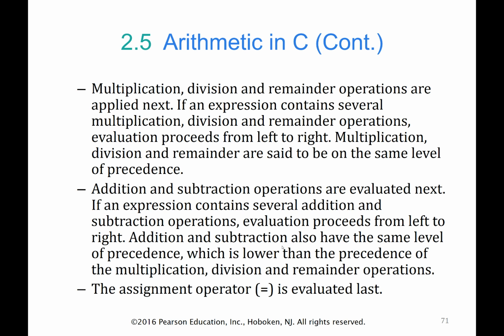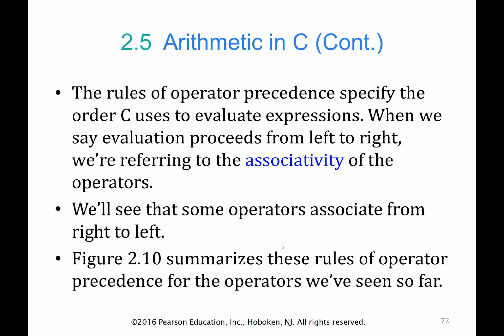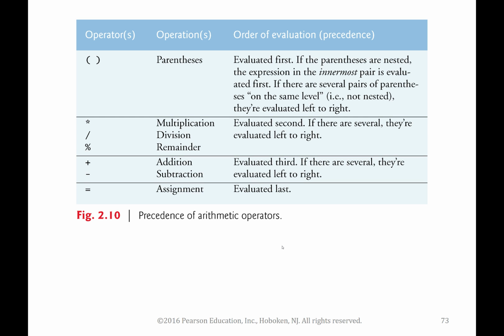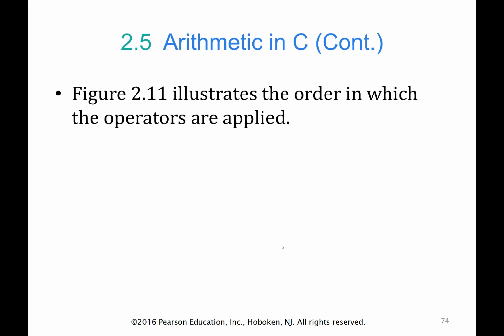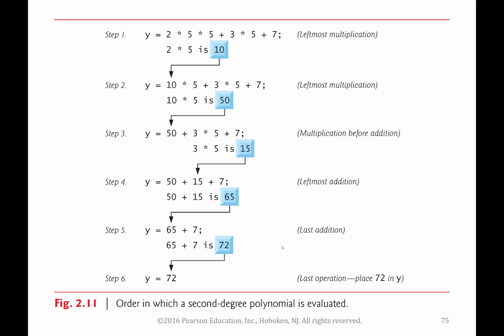Those are on the same level, but they're usually done left to right. And then the assignment operator is done last. So again, this just says the same thing. This is the formal list of order of operation.